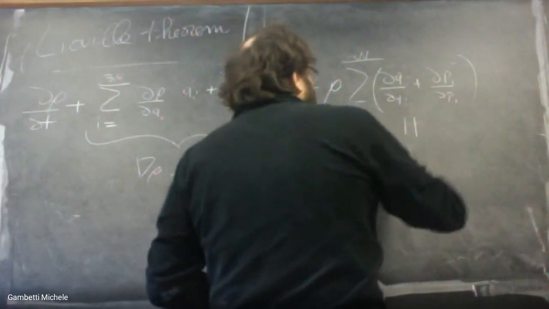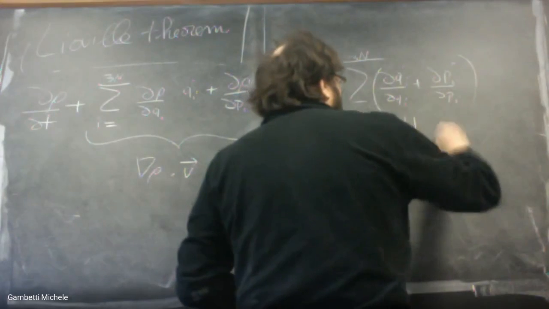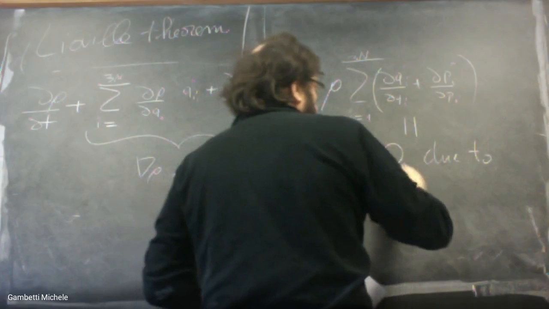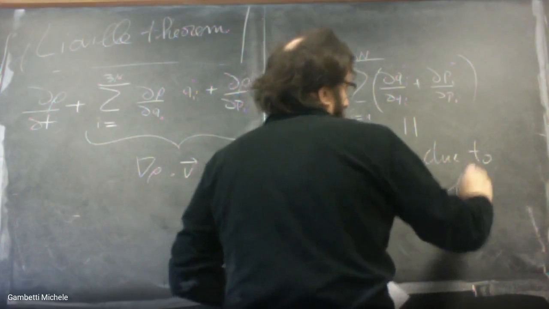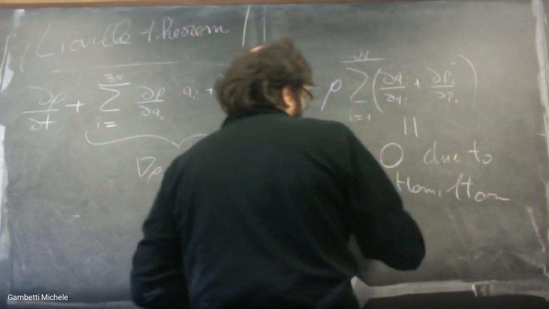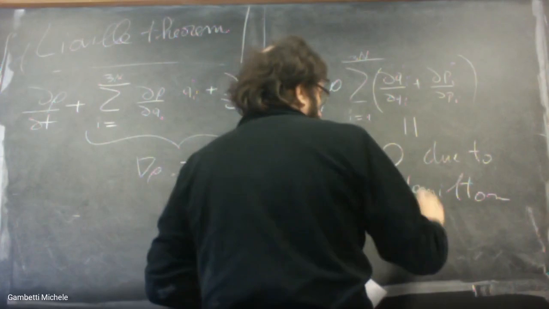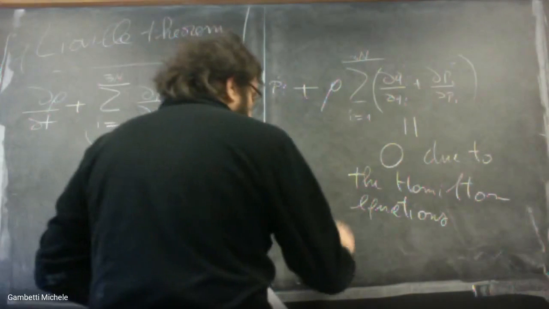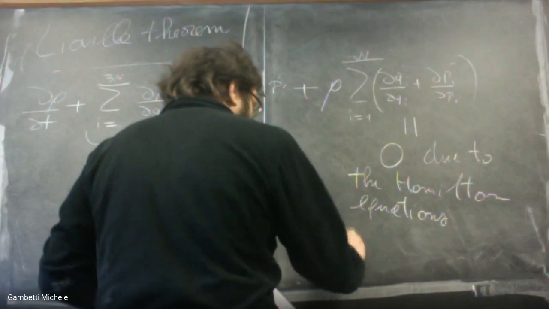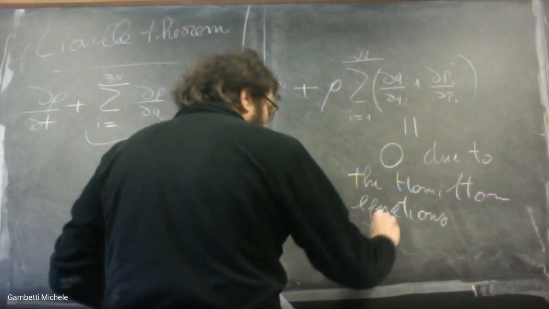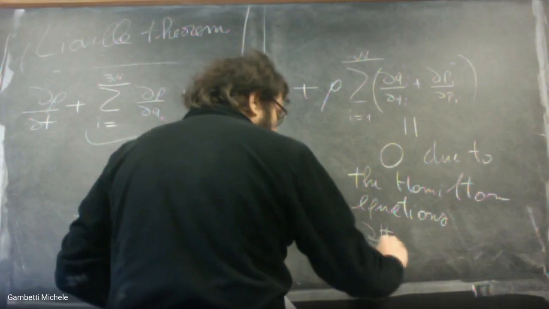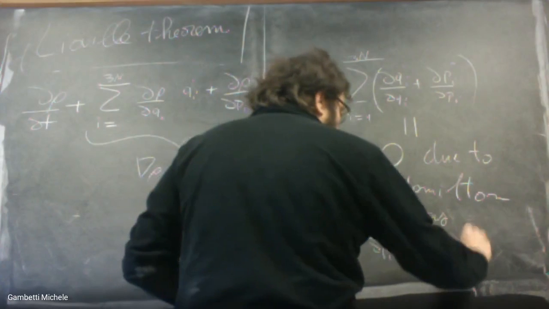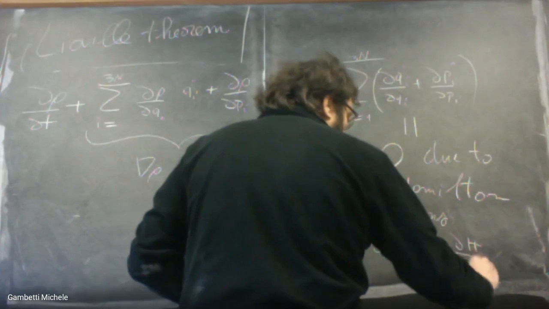Now this is equal to 0 due to the Hamilton equations. Why? Because the Hamilton equation was telling me that q dot i is equal to the derivative of H with respect to p_i, and p dot i is equal to minus the derivative of H with respect to q_i.